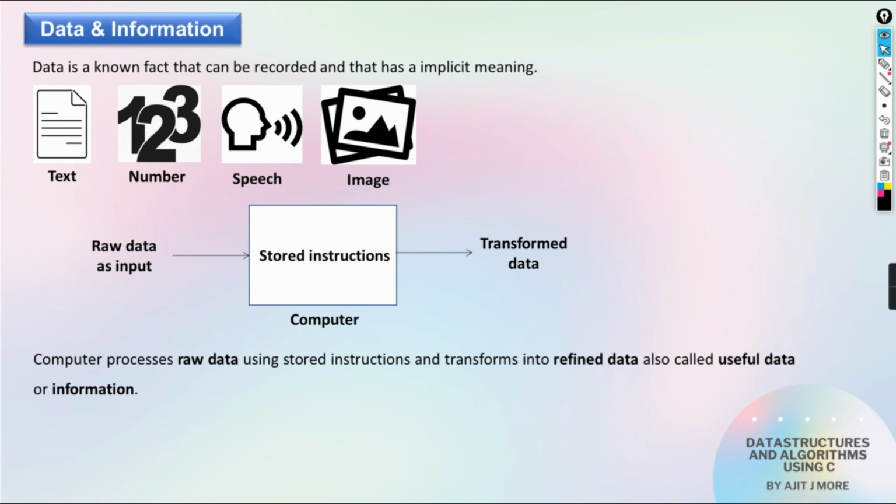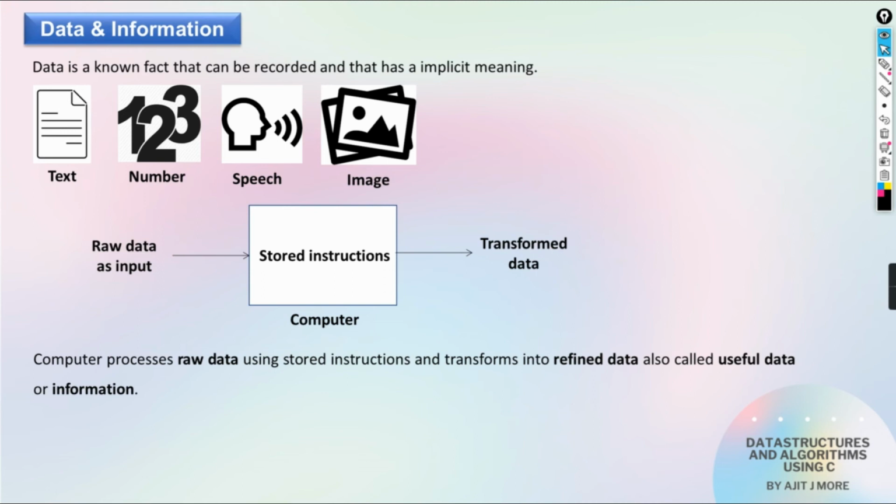In simple terms, whatever facts we have collected, recorded and kept in the computer's memory is data. When we apply some algorithm, that is, a program, which processes that data and gives some other meaningful, transformed output, we call it information.